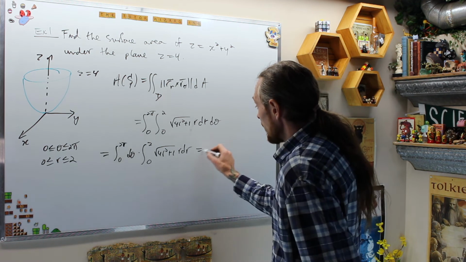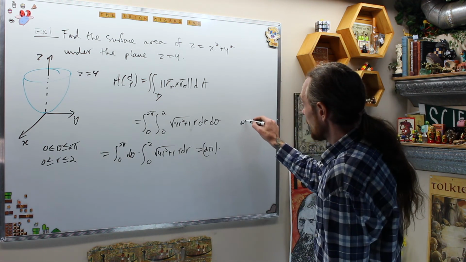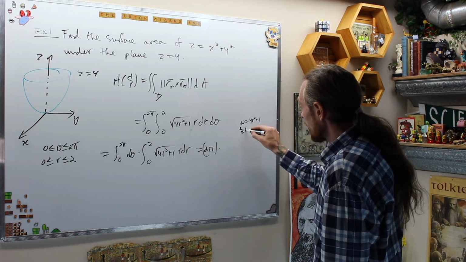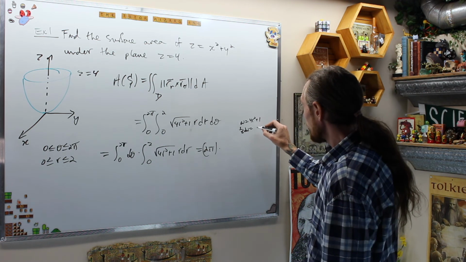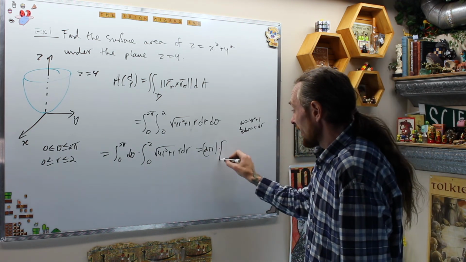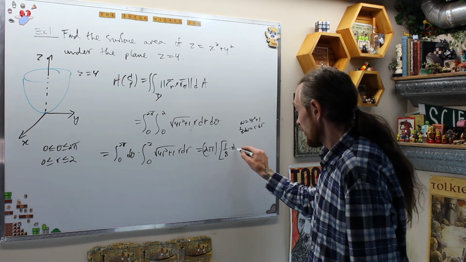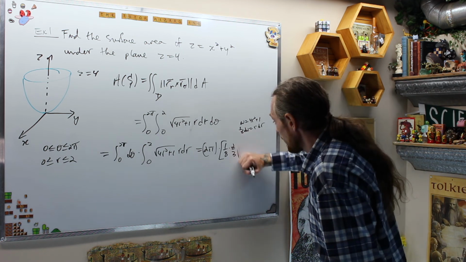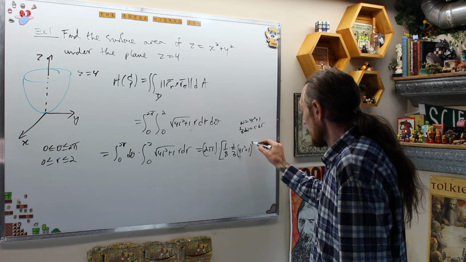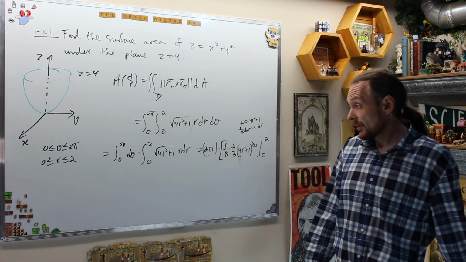This one is equal to 2 pi. This one I have to use substitution. w is equal to 4r squared plus 1, dw over 8 is equal to r dr. And then we're going to get 1 over 8 times 2/3 w to the 3/2. I'm just going to put that back in: 4r squared plus 1 to the 3 over 2, evaluated from 0 to 2 using that substitution.